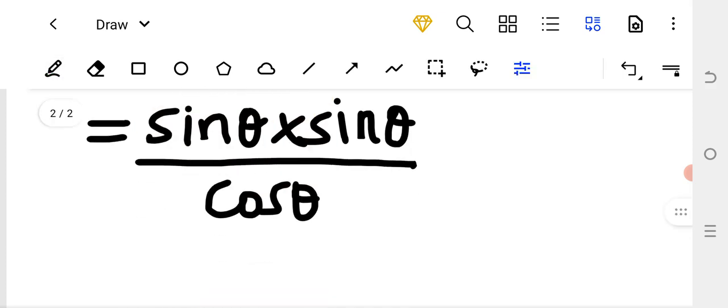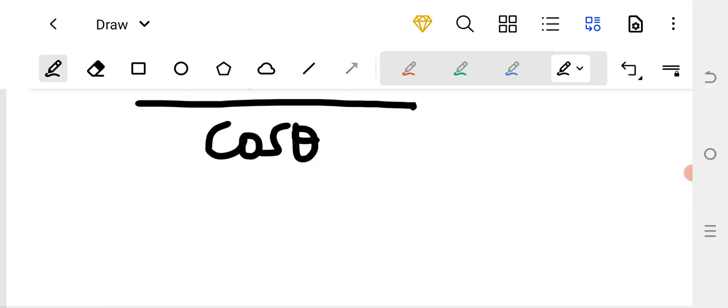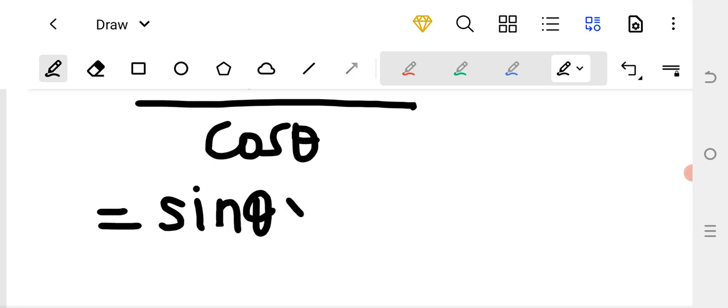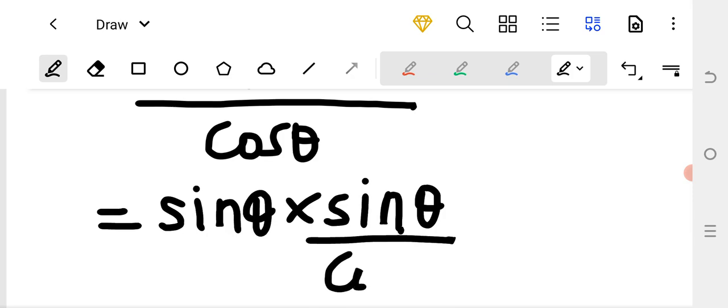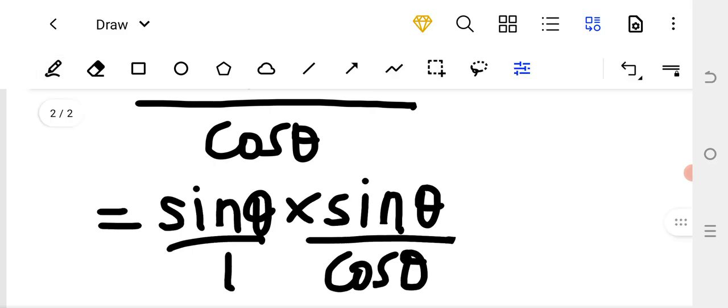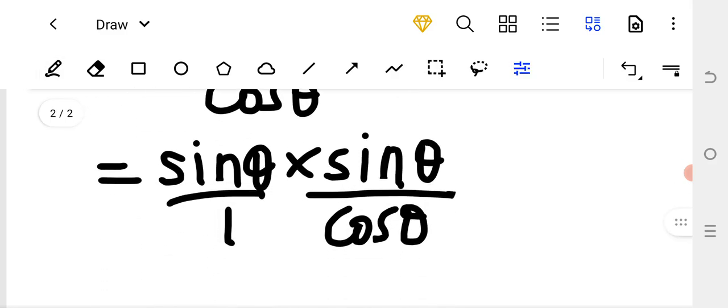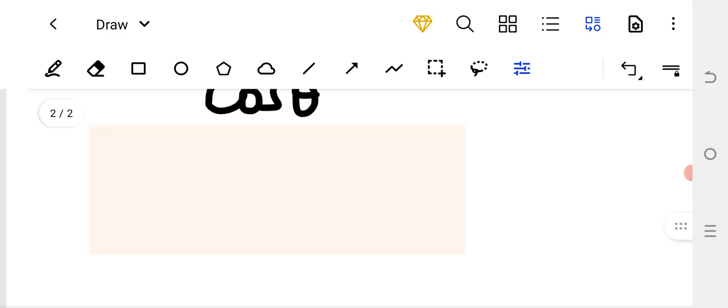To continue, we're going to say is equal to sine theta times sine theta, you divide by cos theta. So I haven't changed anything. If you were to multiply this, if you say divide by 1, you multiply the numerators and denominators, we are going to have what we had there. I've just written it in a different way, right?